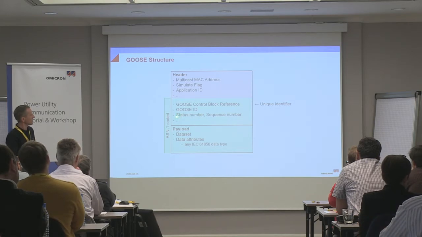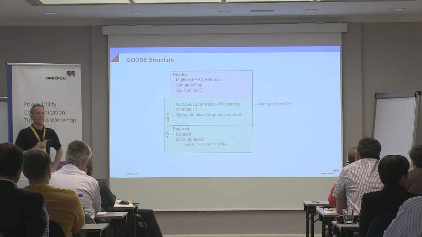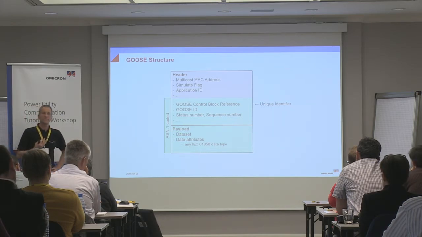In the header, we also have status numbers and sequence numbers, telling us about the sequence or stream of GOOSE messages, where we can learn whether it is complete or not. And in the payload, we have the data set that contains the data attributes that we want to communicate.